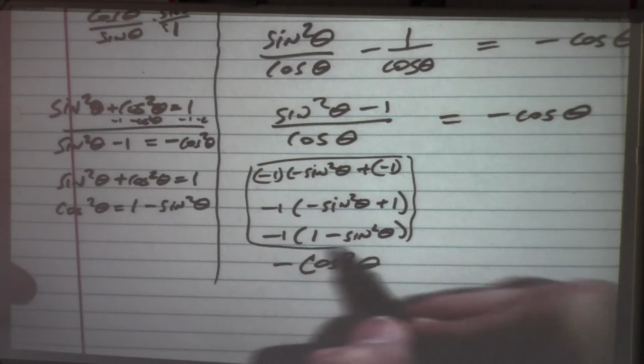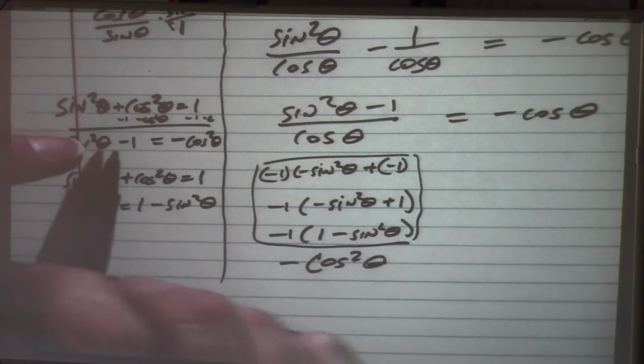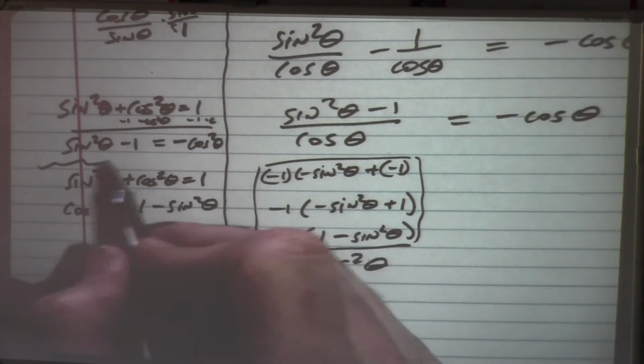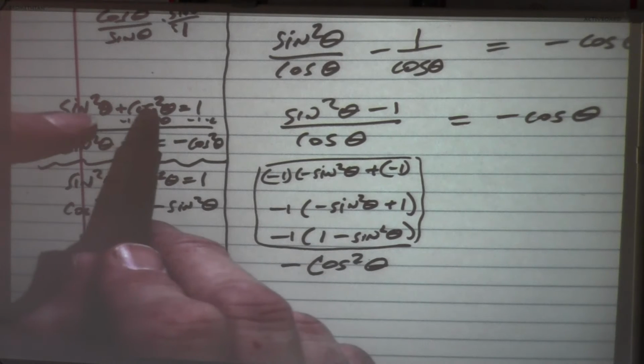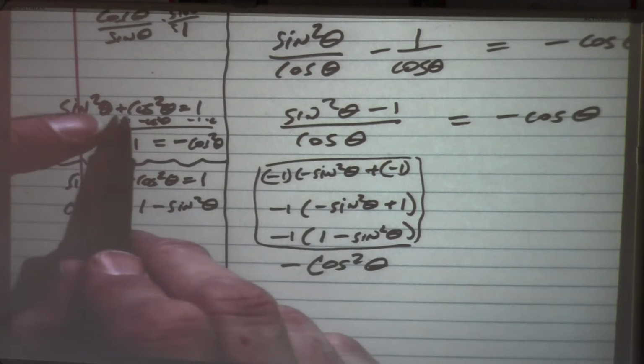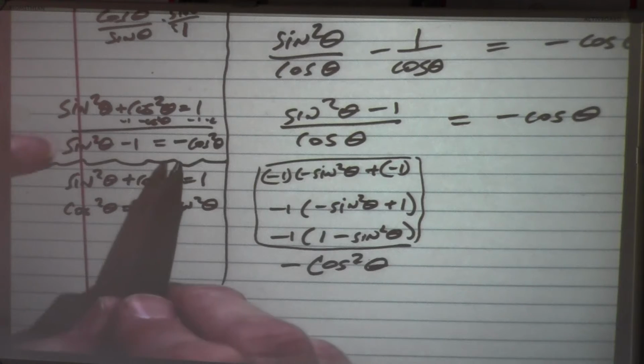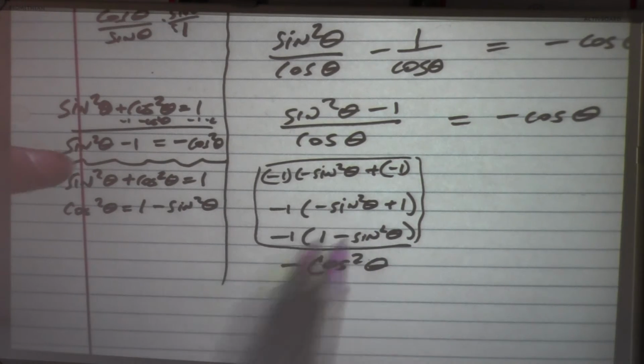However, if you recognize instead, let's do a little squiggly line here. If you do like I did here and bring the negative 1 over and the cosine squared over is negative, you don't even have to go through that work in this problem.